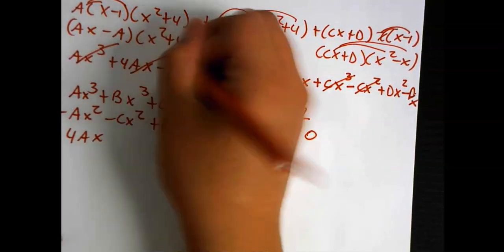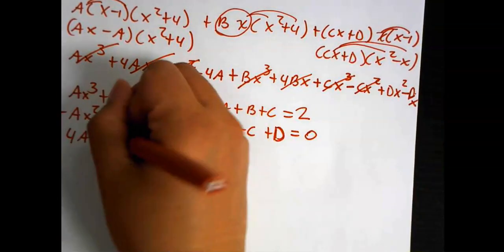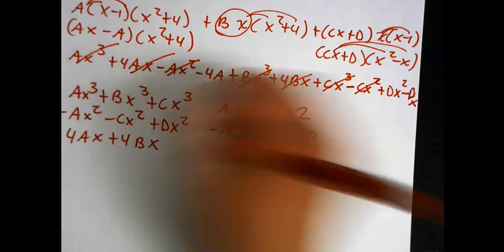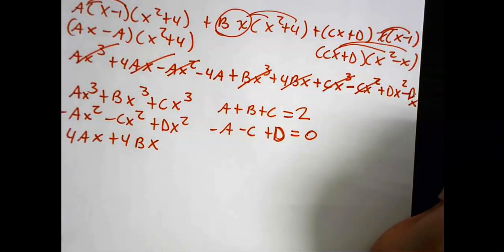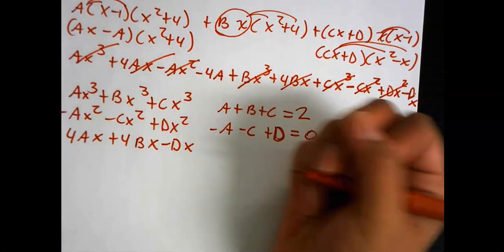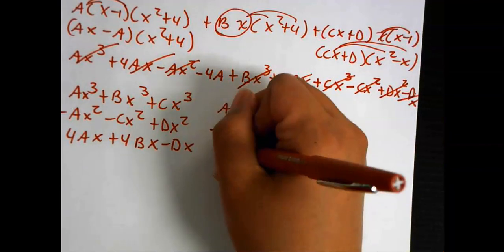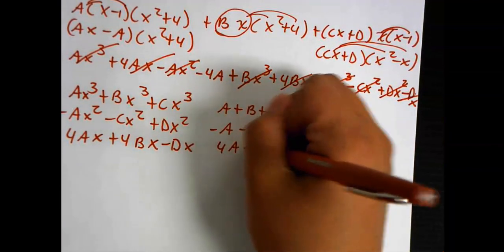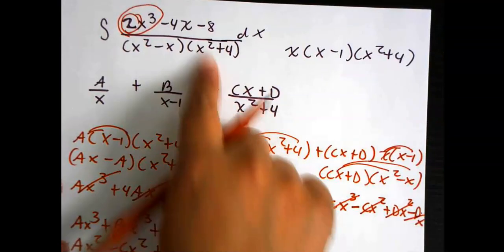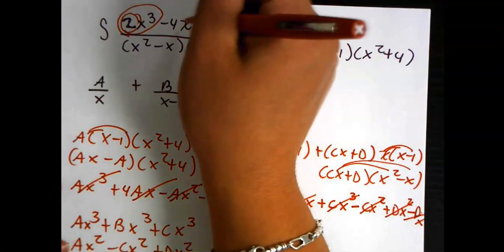X value: 4AX plus 4BX minus DX. 4A plus 4B minus D equals the top. Here's a negative 8. That's my numbers. Oh, no, sorry, they're x.